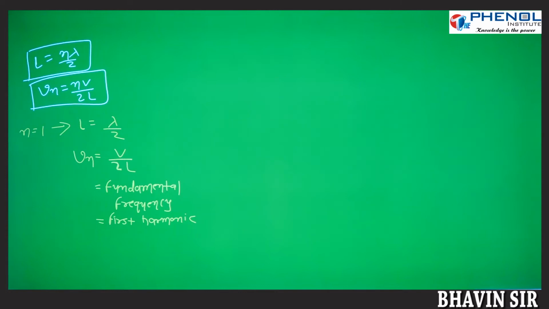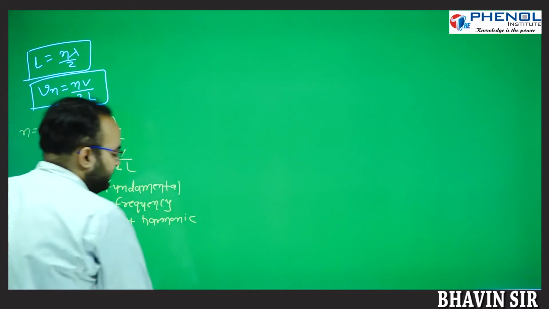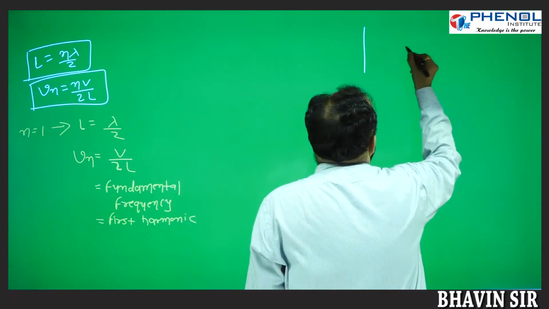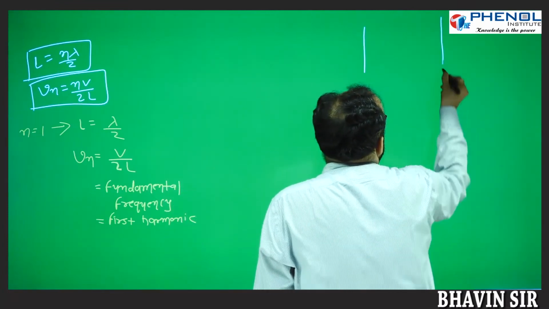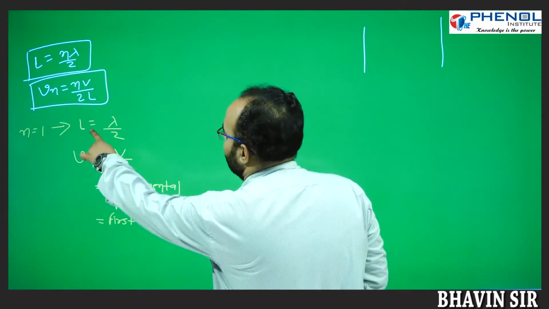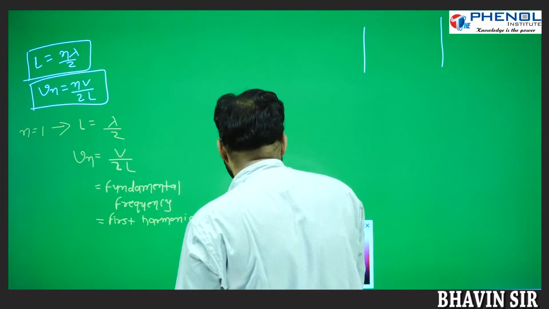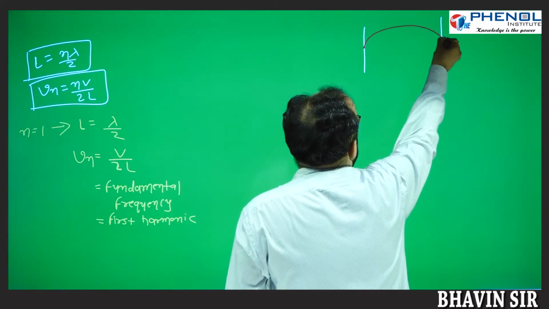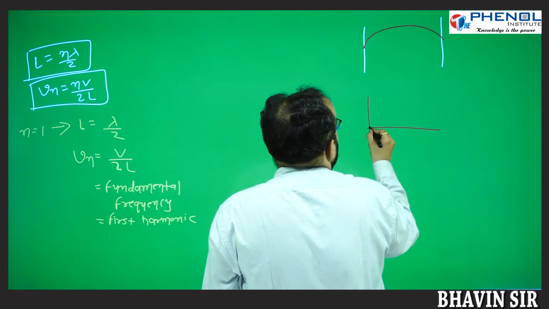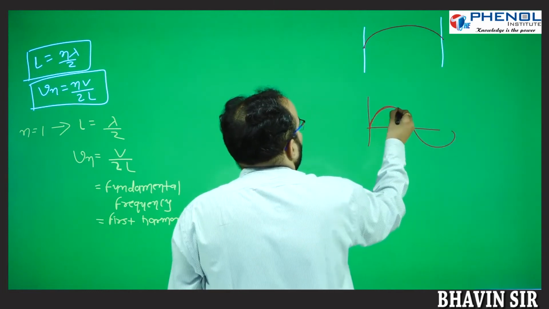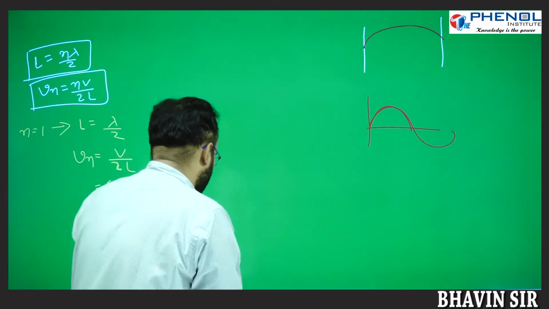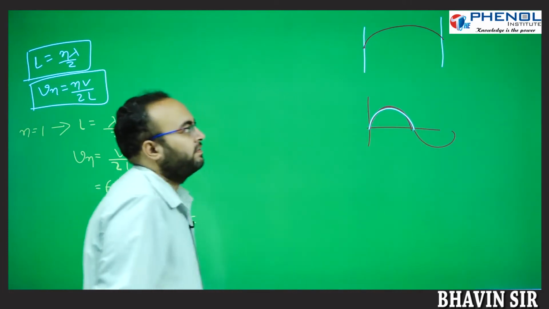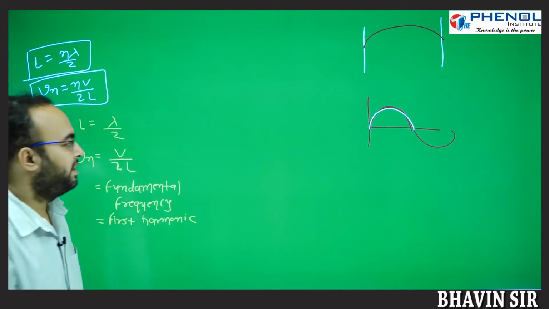Now how to draw this? See, it is only half a wave. The length is lambda by 2. So here only a half wave is there. This is the incident wave, only half a wave. See, this is a complete wave, but here we draw only half a wave, because the length is lambda by 2.